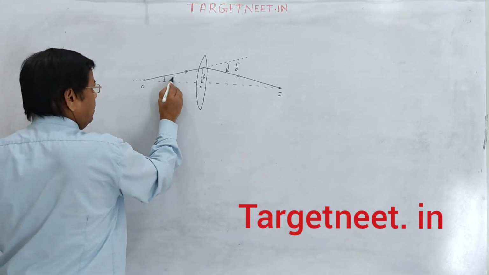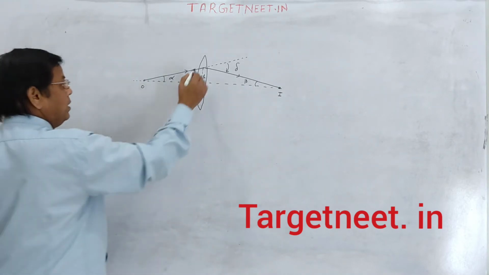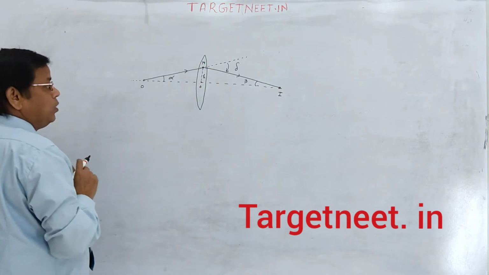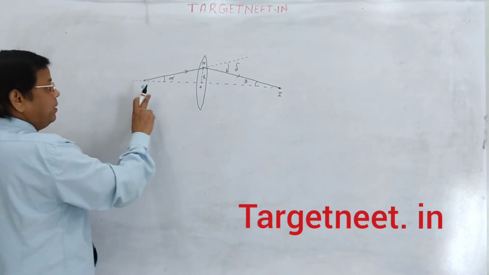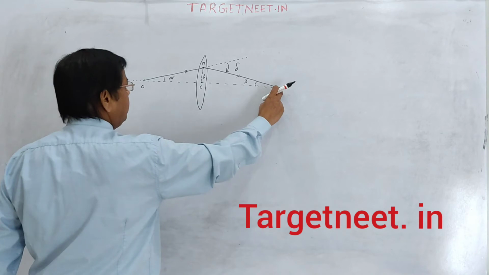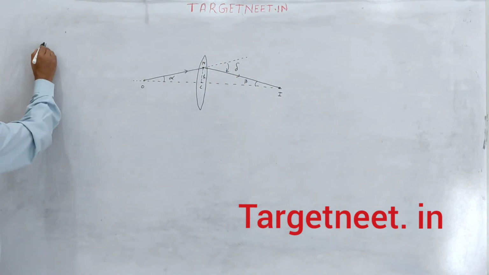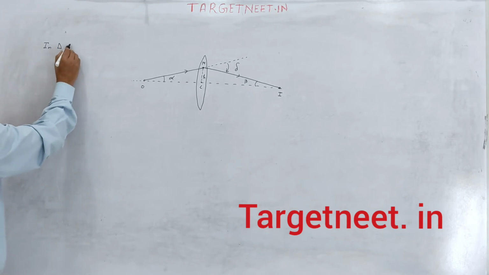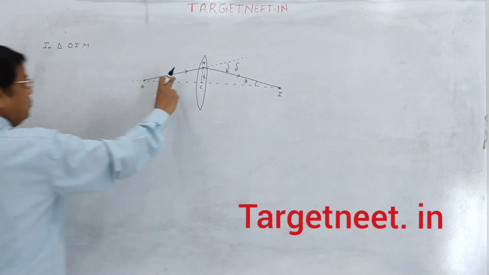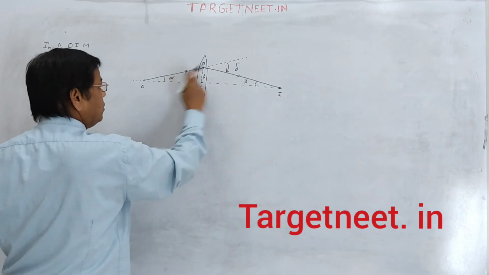Suppose this angle is alpha, this angle is beta. Let this point be M, and this point be C. So here you get a triangle O I M. In triangle OIM, these two angles are interior opposite angles of this, so the sum of these two angles should be equal to this.